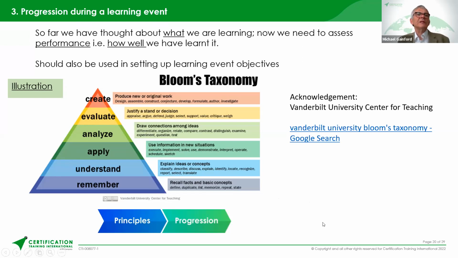So that's something to consider. How are you going to characterize the depth of your knowledge, and how can you use that to set up the objectives for the event in the first place and measure success against those objectives at the end of the event?